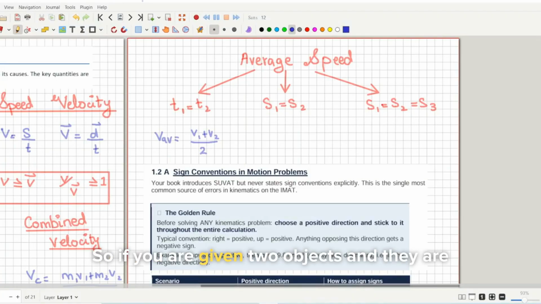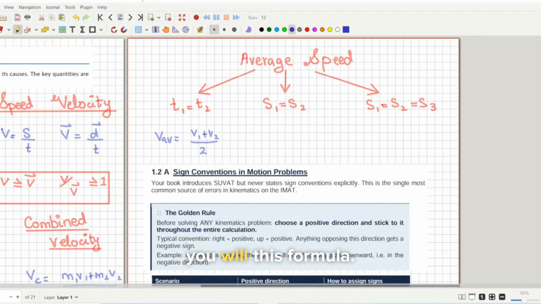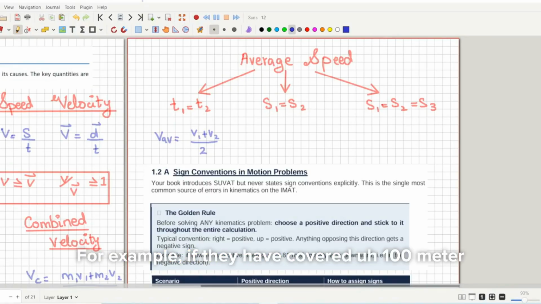So if you are given two objects and they cover some distance, it could be 1000, it could be 5000, but if they have covered different distances in the same amount of time, then you use this formula. What if they have different times, for example, both covered 100 meters, but one in 1 hour and the other in 30 minutes?